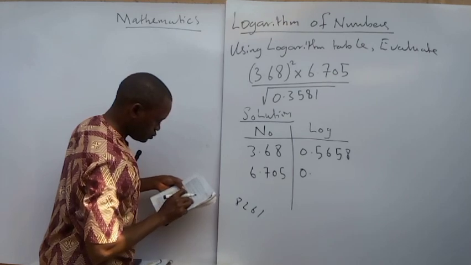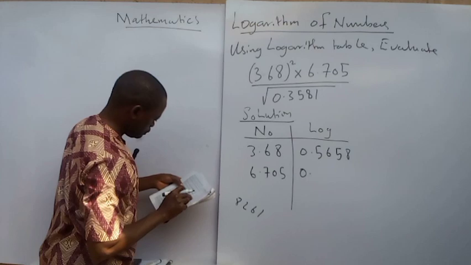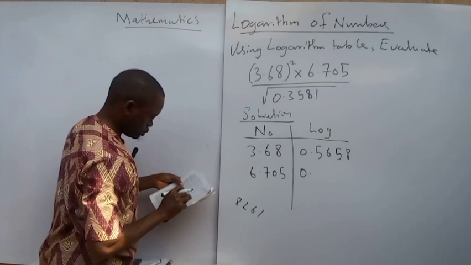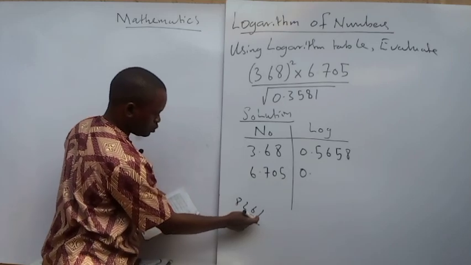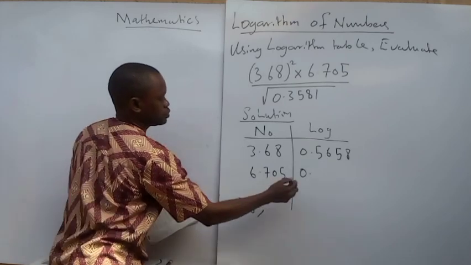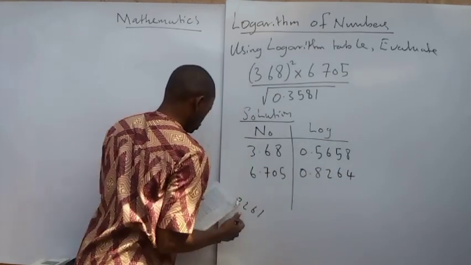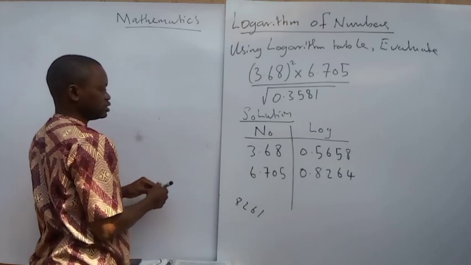The difference 5 is 3. 8261, difference 5 is 3. So I'll add that 3 here. So what I'm going to write here is 8264. That is what we will get.